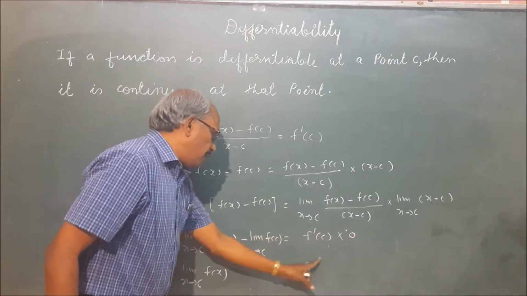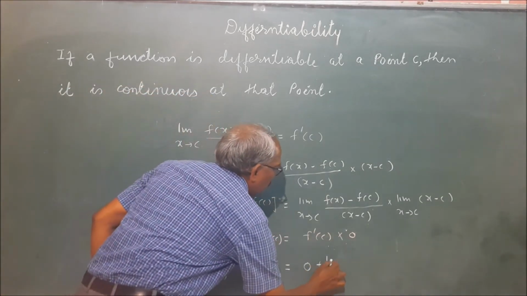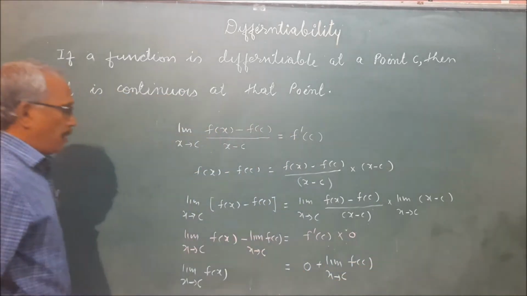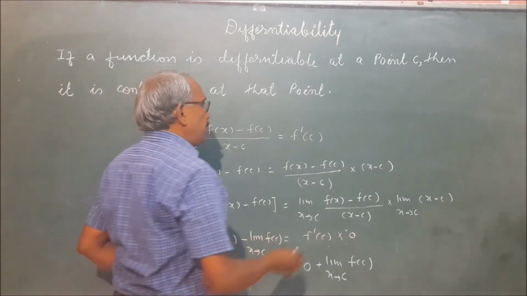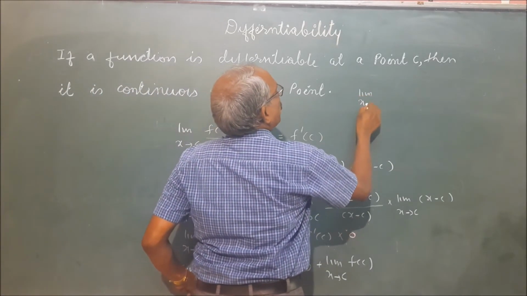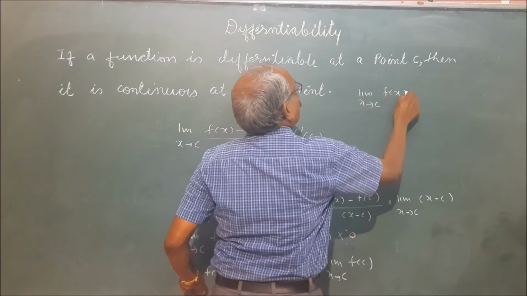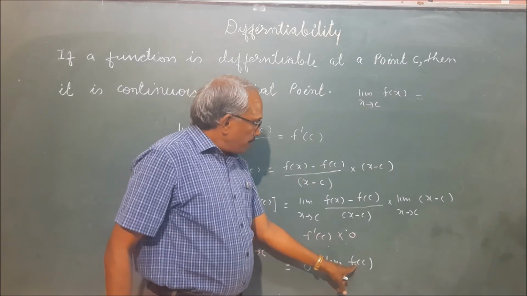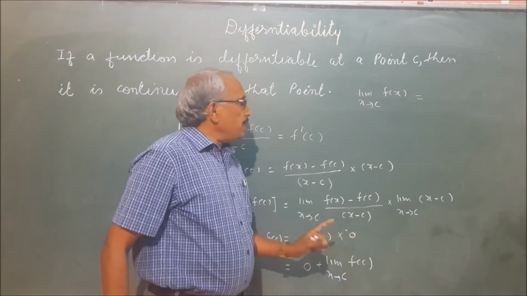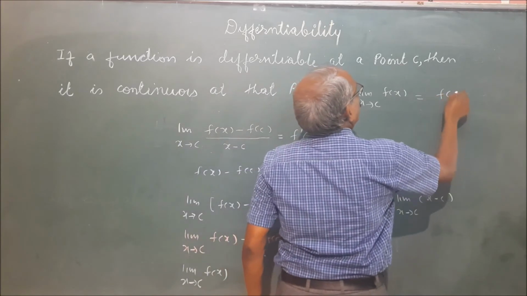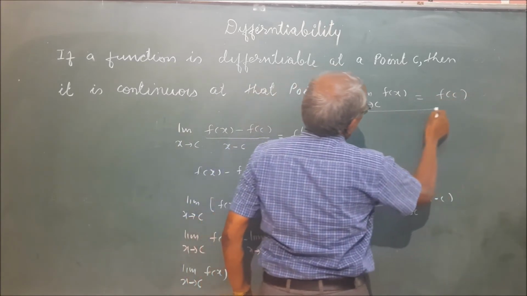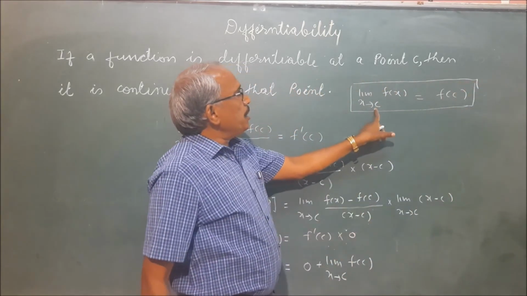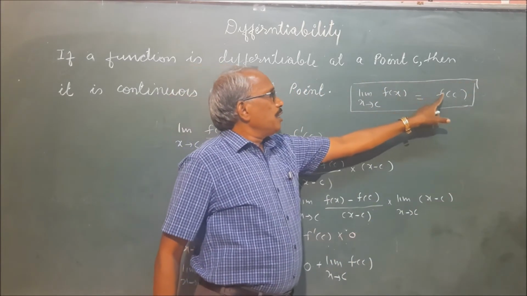Now this term I can take on the right hand side: limit x tends to c, f(x) is equal to limit x tends to c, f(c). Now the limit of f(c) as x tends to c is equal to f(c). Now what is the meaning of this? Limit x tends to c, f(x) is equal to f(c).